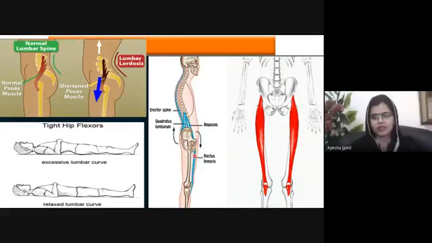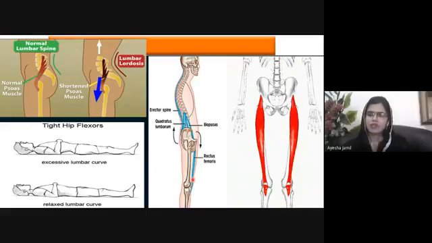Rectus femoris is a part of the quadriceps and it is an extensor. So if extension at the knee is being attempted, and this muscle is already shortened, then due to active insufficiency, the tightened muscle will cause anterior pelvic tilt.